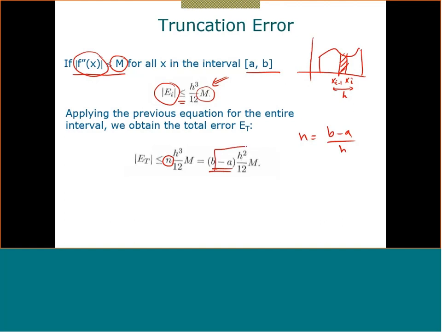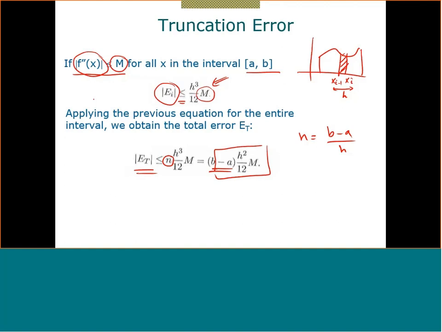So I will have this very interesting formula that gives me the relationship for the maximum error that I can get: it is less than or equal to b minus a, which is the limit, times h squared over 12 times m. Now this is valid for any number of n, not just for n equal to 1. This is true for any number of segments. h is the width of that segment, and m is greater than or equal to the f double prime.